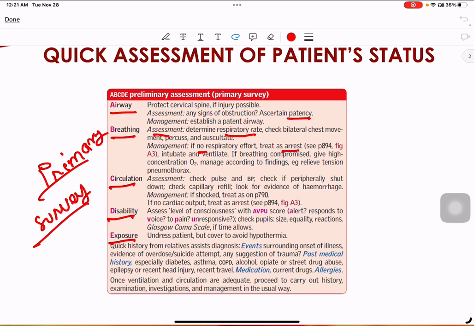In that case, we may need to intubate, or there may be a requirement for mechanical ventilation. If there is breathing difficulty, we may need to give high flow oxygen, or oxygen by NIV mask. We may need to relieve tension pneumothorax if there is any.